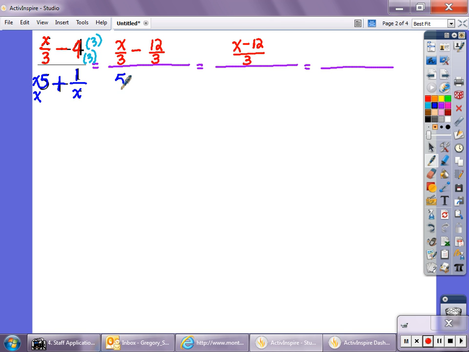So I'll have 5x over x, that came from right here, plus 1 over x. Now that we have the same denominators, we can combine them. 5x plus 1. And so now that I have one fraction in the denominator, I know I'm done.